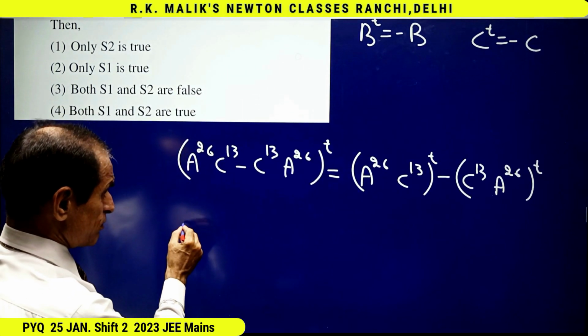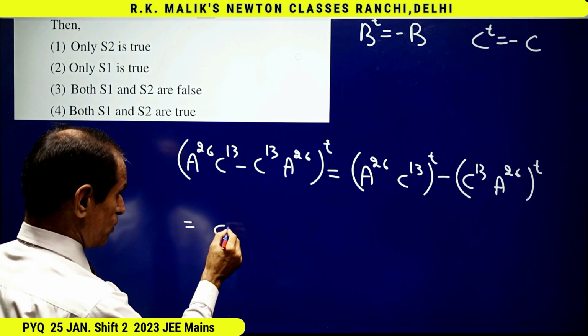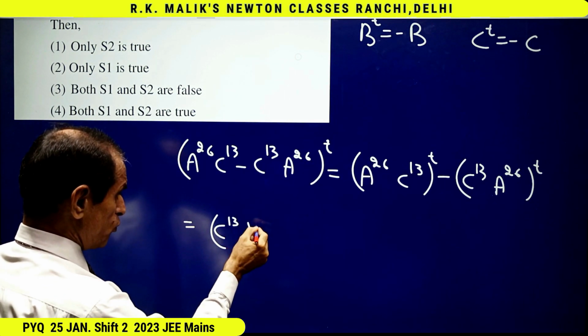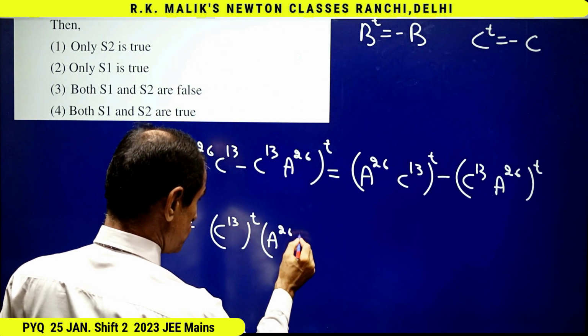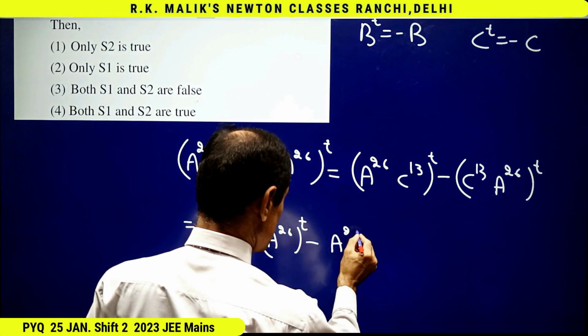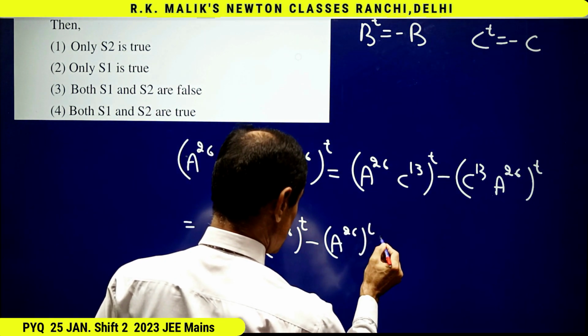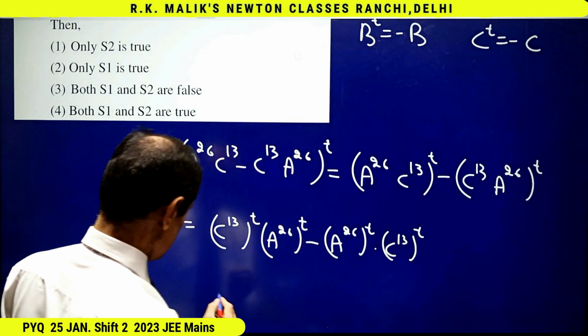This is equal to (C to the power 13) whole transpose, (A to the power 26) transpose, minus (A to the power 26) transpose, (C to the power 13) transpose.